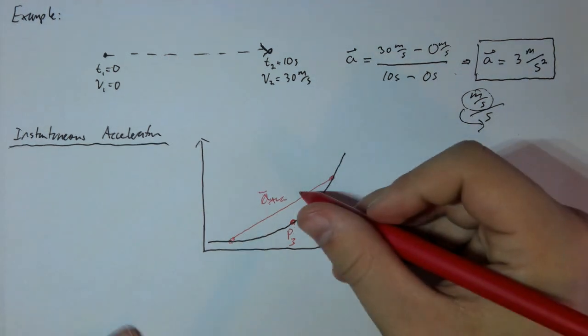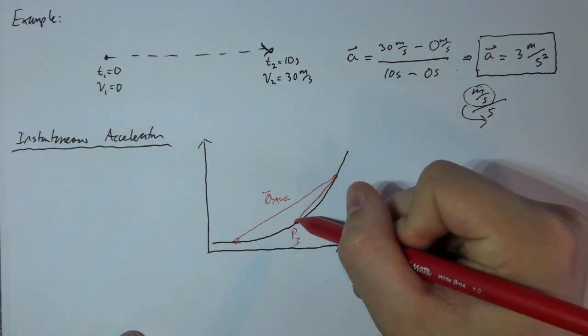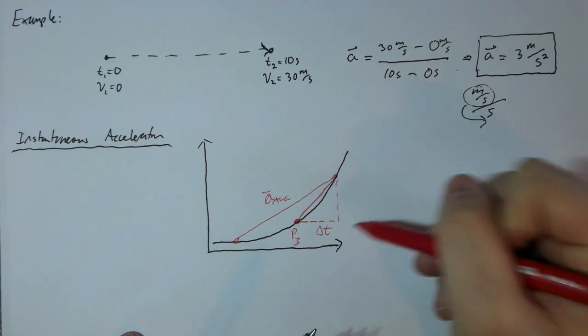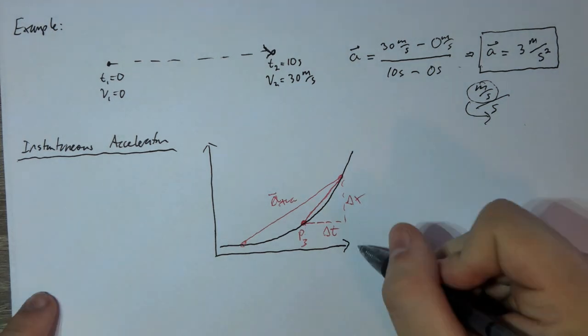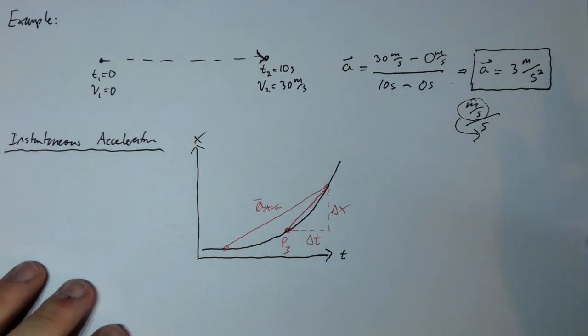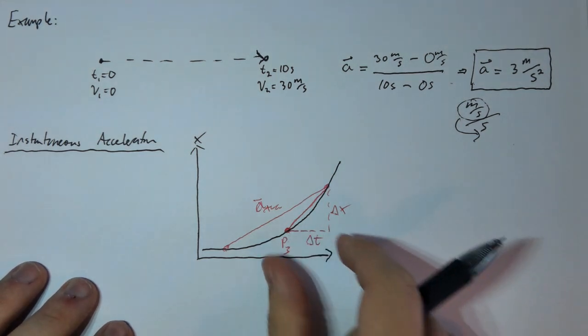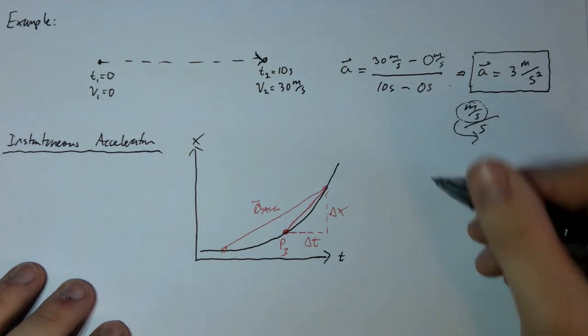But if you wanted to find the acceleration at P3, then you'd have your, here, let me draw this in red. You'd have your average with your delta t and delta x, where this is the t-axis and the x-axis, and you'd squeeze this delta t to 0 so that this width is 0.